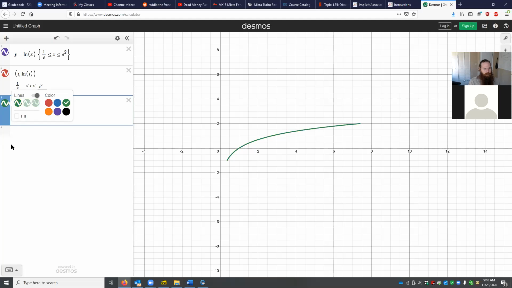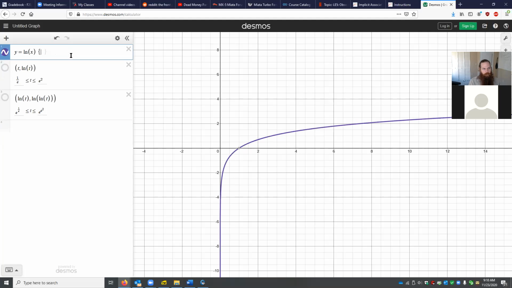This time I'll put it in green. So both of these are parametrizations of this same curve, which is a portion of the whole natural log function. Why won't this show up on top? Select this one down. There we go.